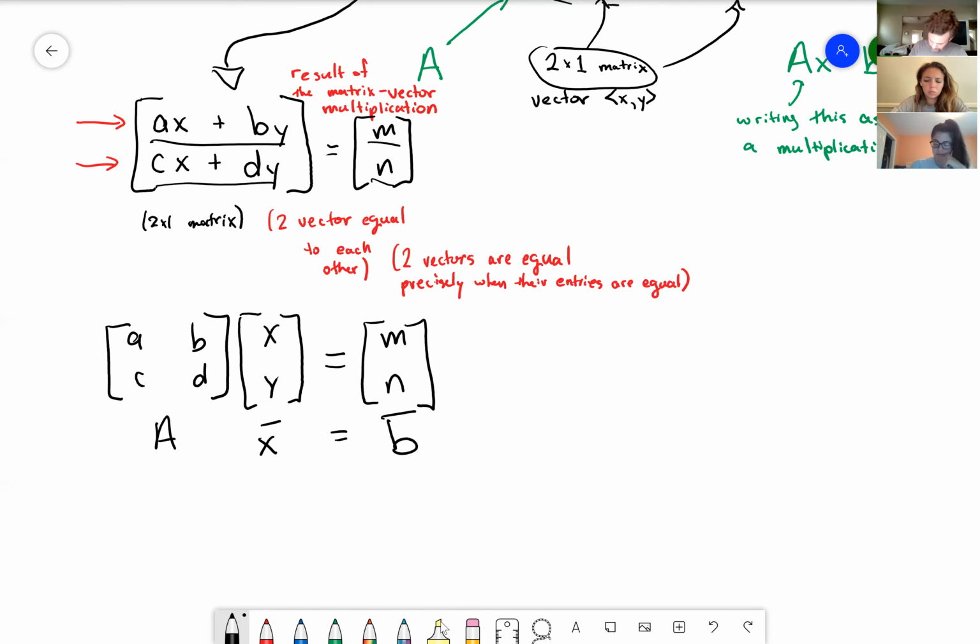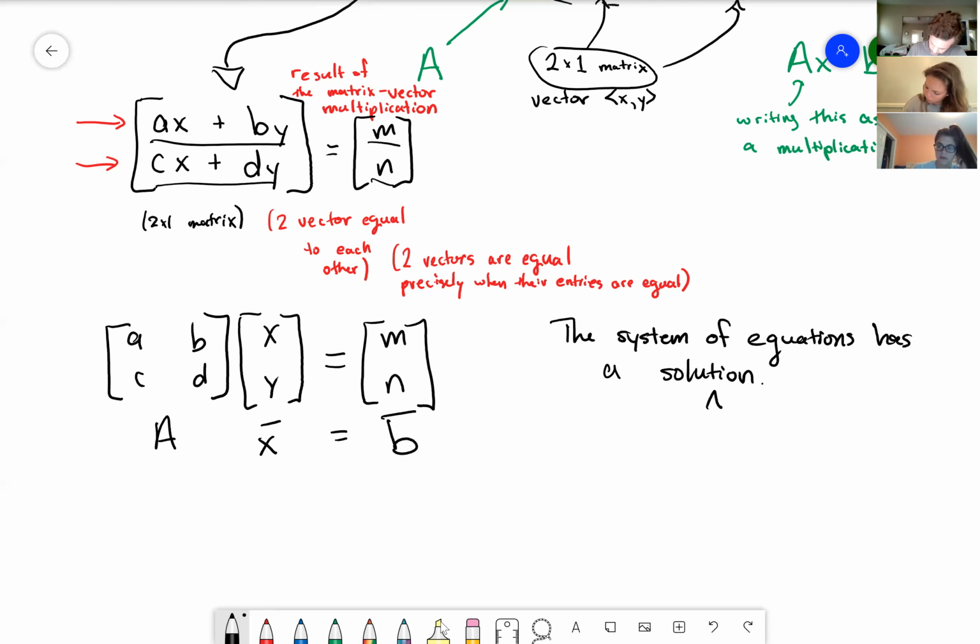We'll say that, well, let's write it like this. The system of equations has a solution. This is going to be true if and only if, so the implication goes in both directions.